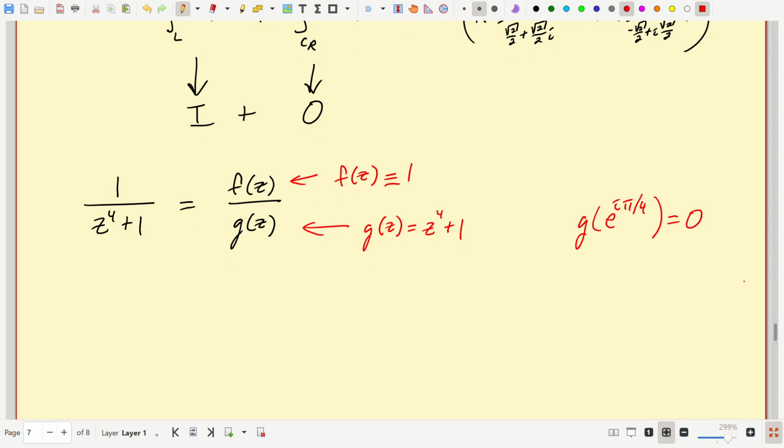And g prime of z is 4z cubed. So g prime of e to the i pi over 4 is 4 times e to the i pi over 4 cubed, which is equal to 4 e to the i 3 pi over 4.